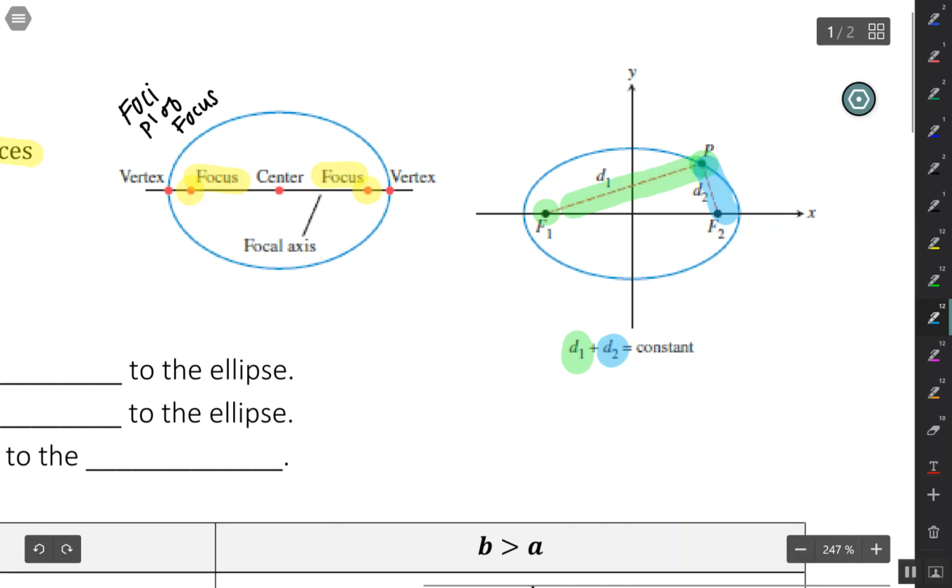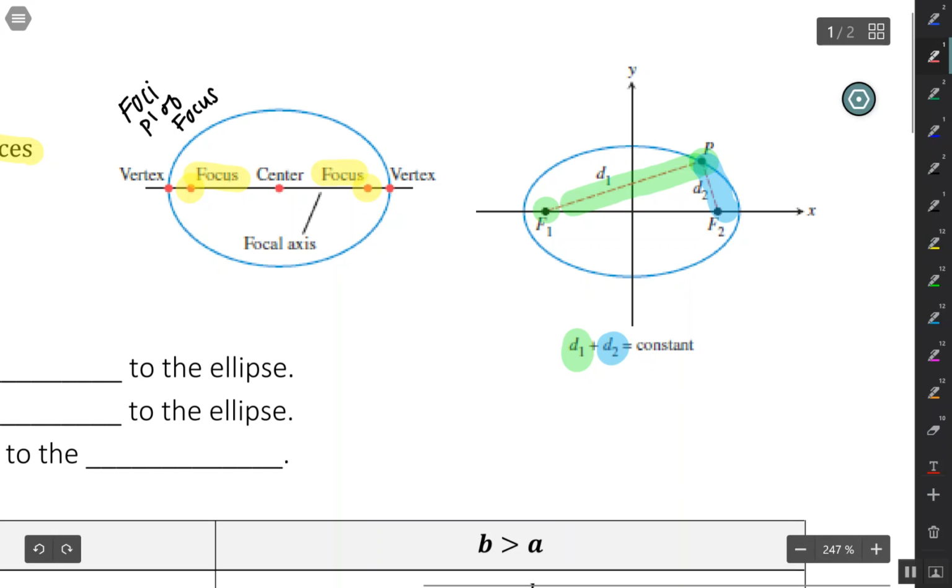And so when you add those two things up, it becomes constant. If I were to pick another point right here and find that distance and that distance, these two distances would also add up to the same number, whatever it may be.